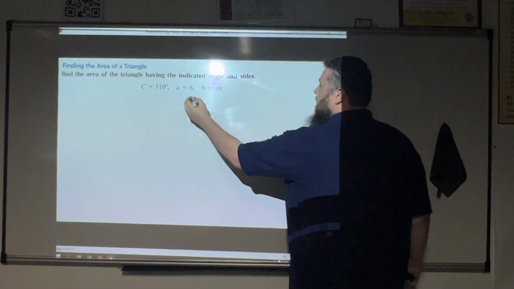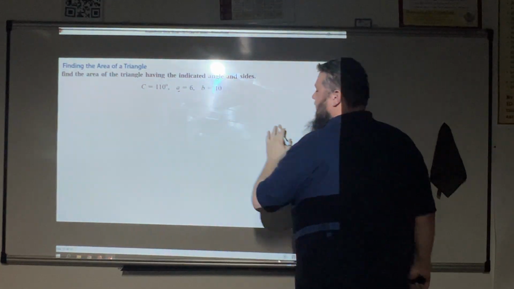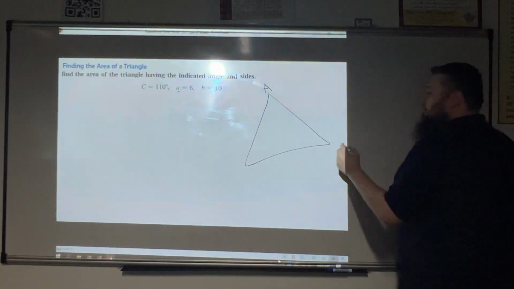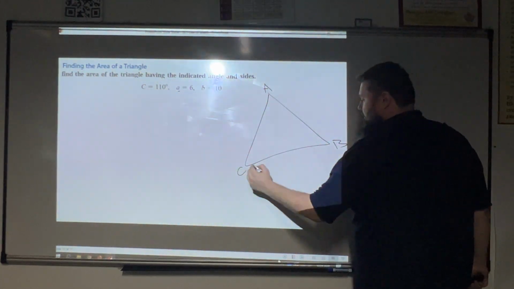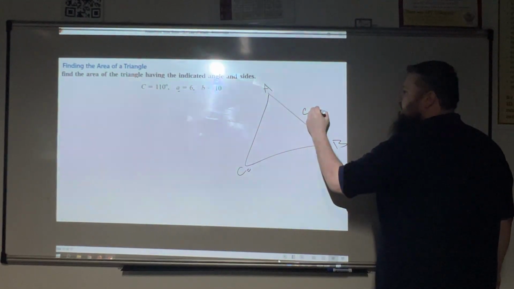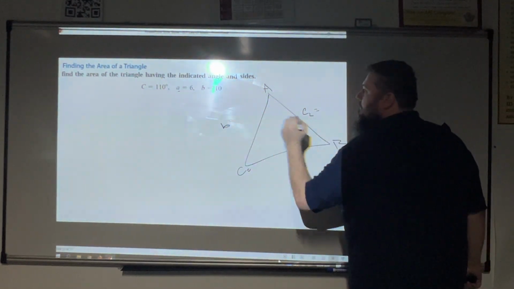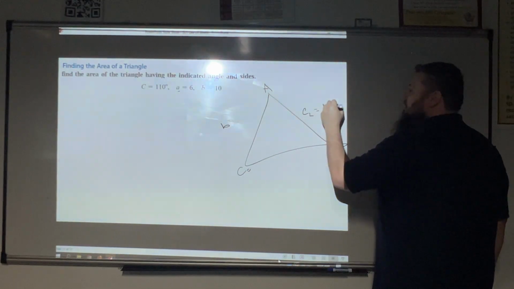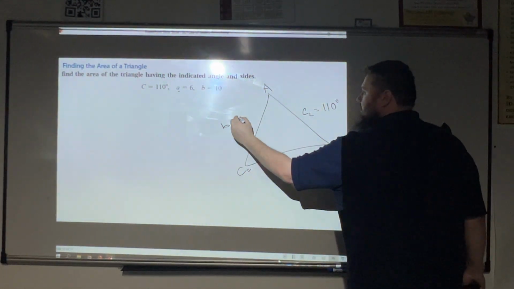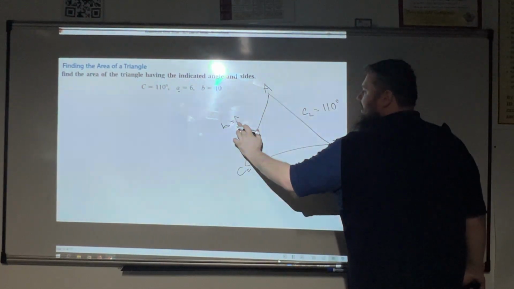So I can see that I'm going to use A, B, and C to name my triangle. Angles are always capital, so let's knock those out. Now, opposite of C capital is C lowercase. And that's 110 degrees. Little b is opposite of big B. What's that going to be? 6. Oh, sorry, 10. I started writing 6.